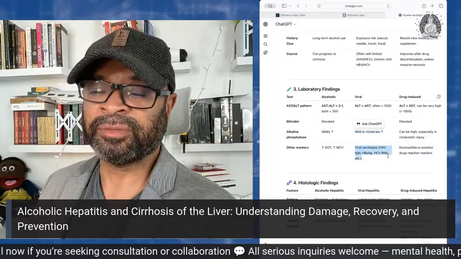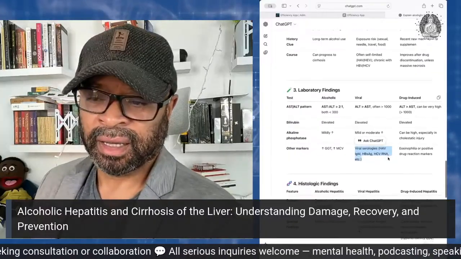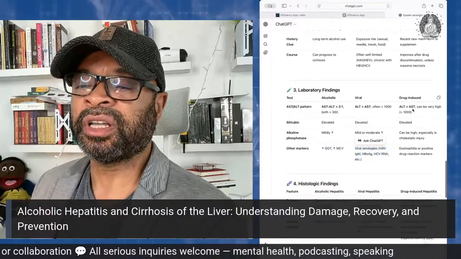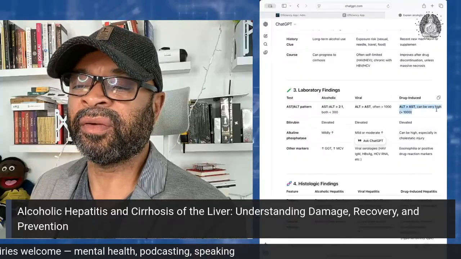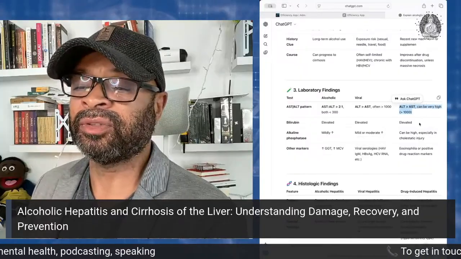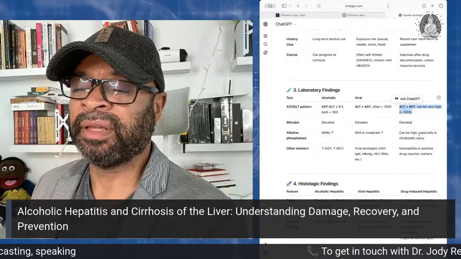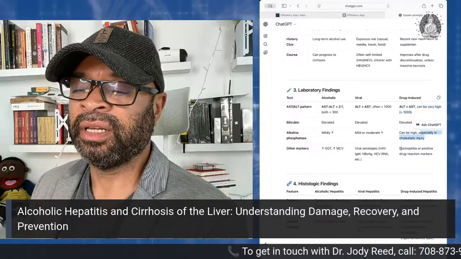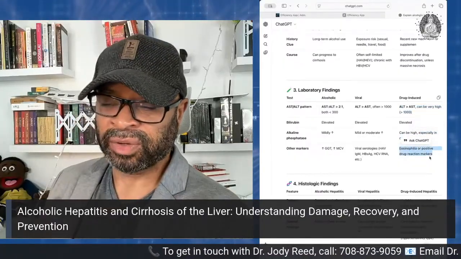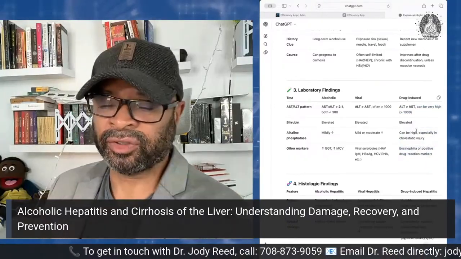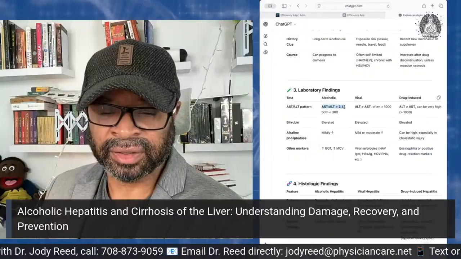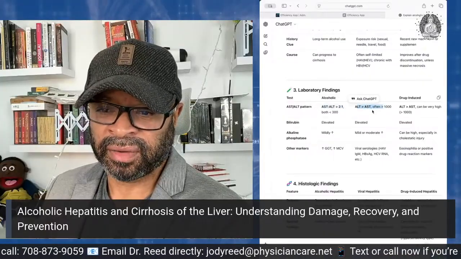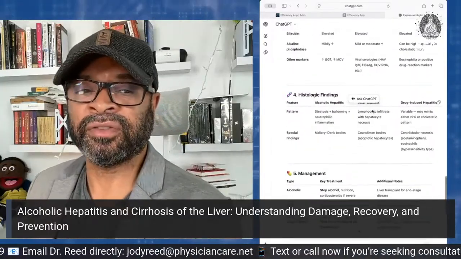Get your hepatitis panels. Next, drug-induced: ALT is greater than AST, and it can be very high, depending on how much damage. Bilirubin can be high, especially in cholestatic injury, along with eosinophilia and positive drug reaction markers. You'll know from your history. Remember the distinction between AST-ALT in alcoholic and ALT-AST in drug-induced.